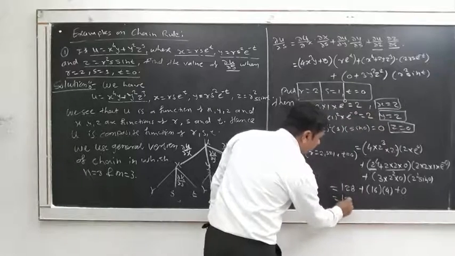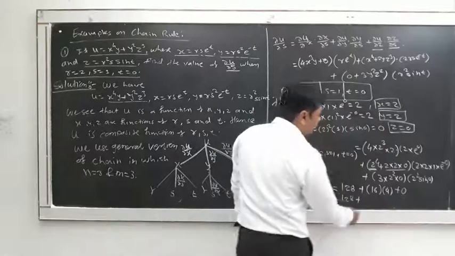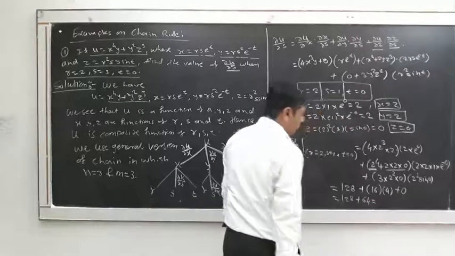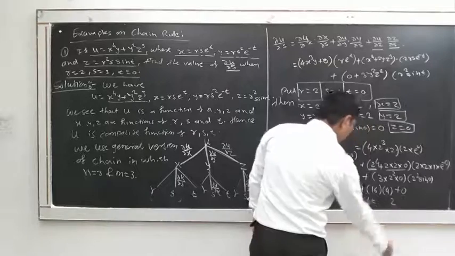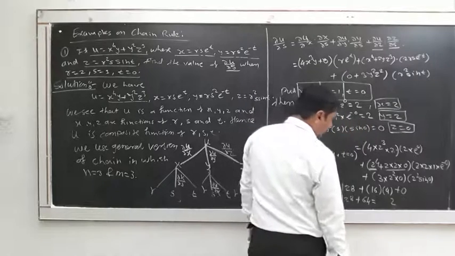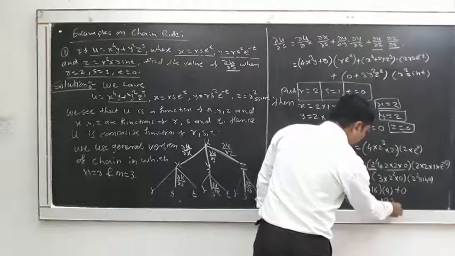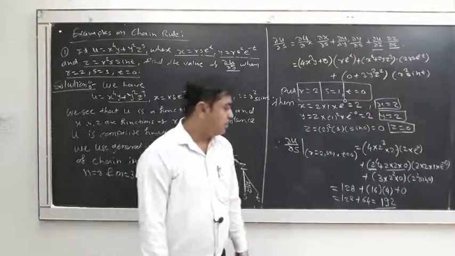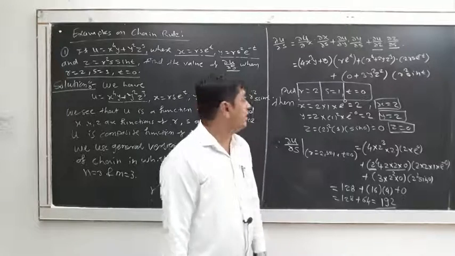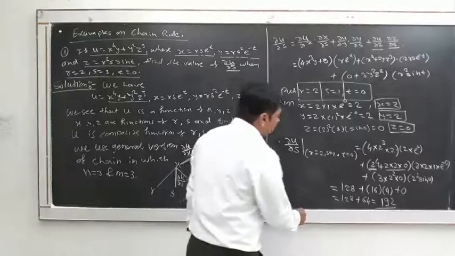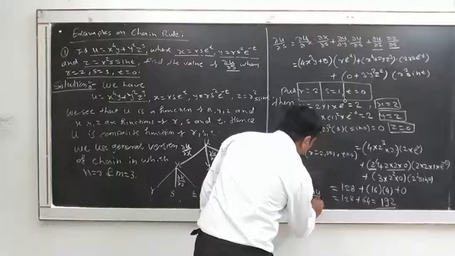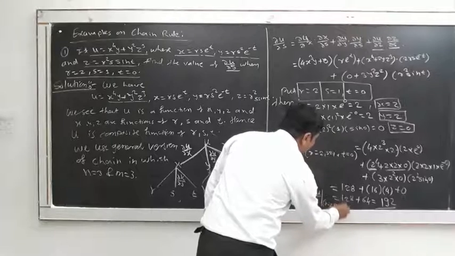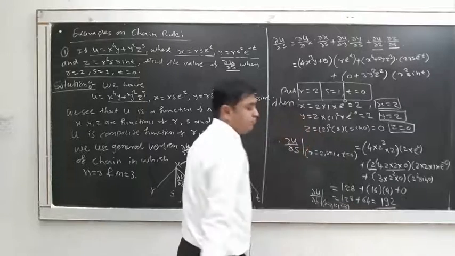So 128 plus 16 4s are 64, and here 8, 9, it should be 192. So this is our required answer: ∂u/∂s at the point r is equal to 2, s is equal to 1 and t is equal to 0.